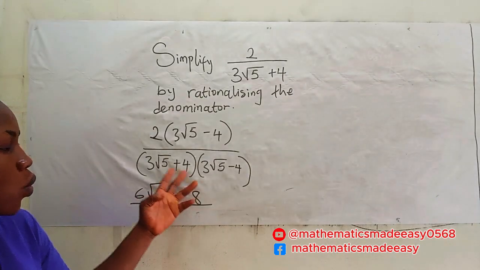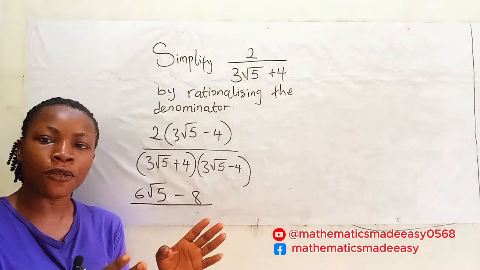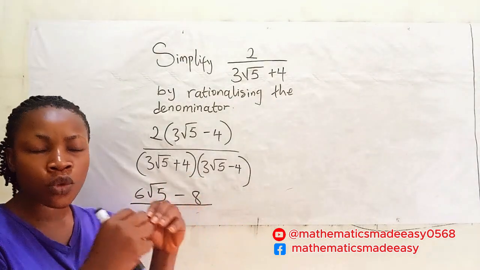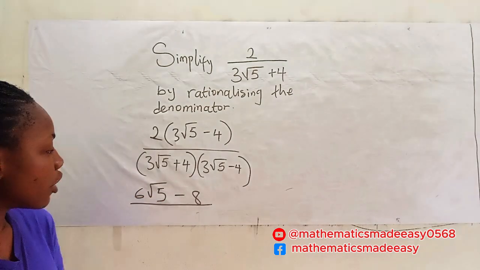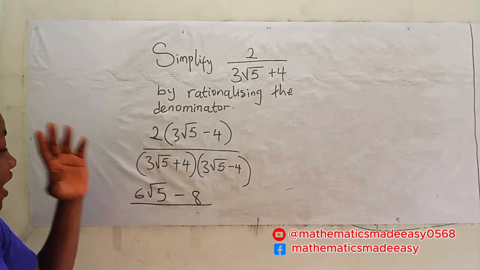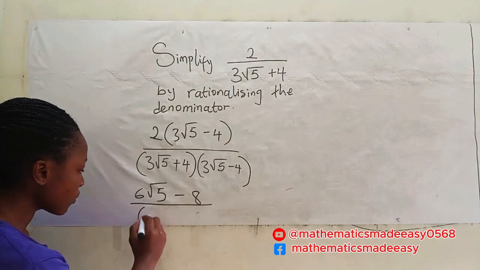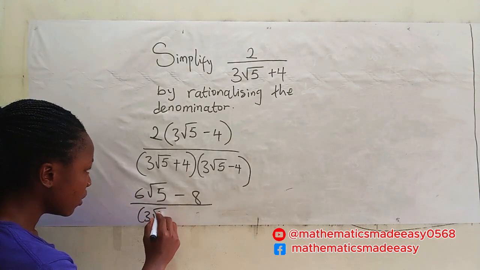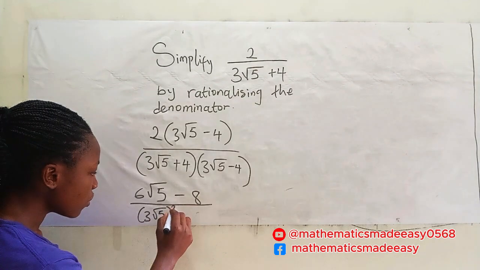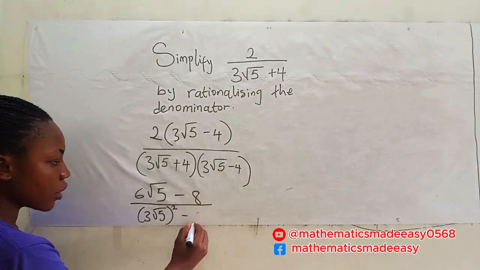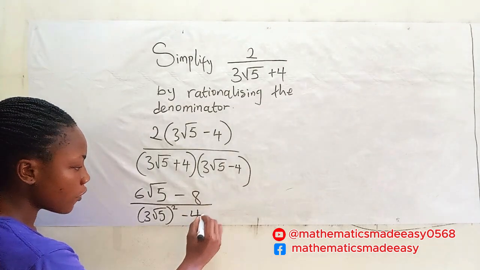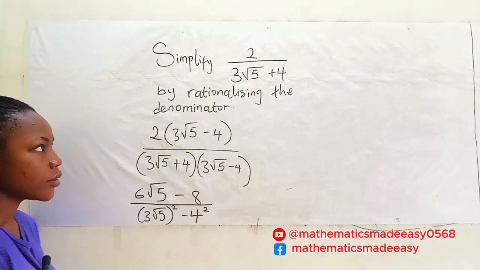For this one, we are going to use the idea of difference of two squares. All right, the difference of two squares. So here we are going to have 3 root 5 squared minus 4 squared.